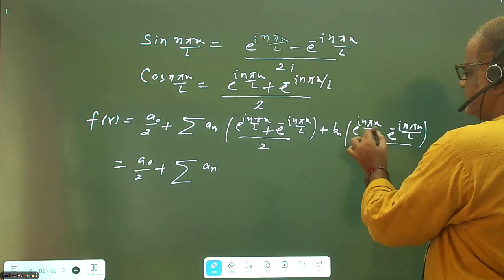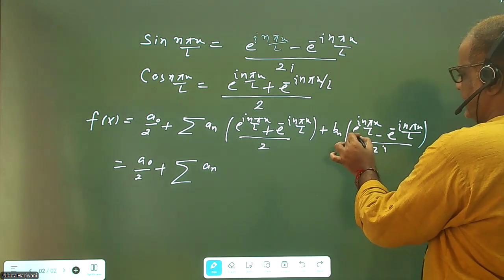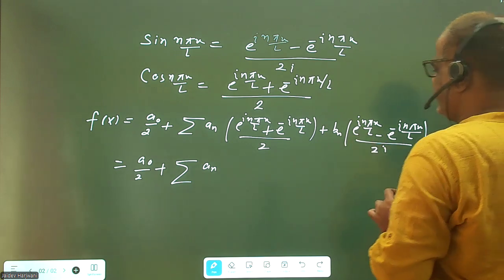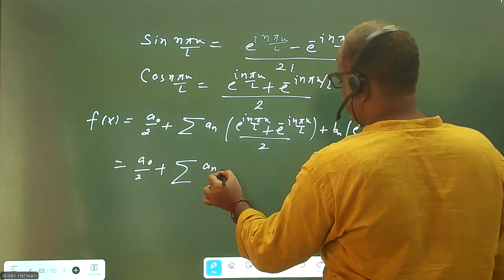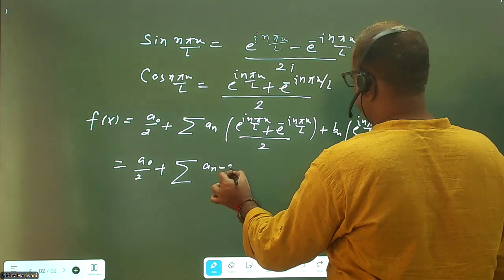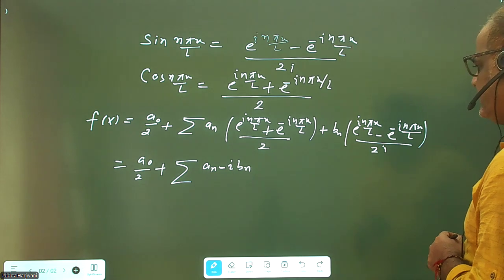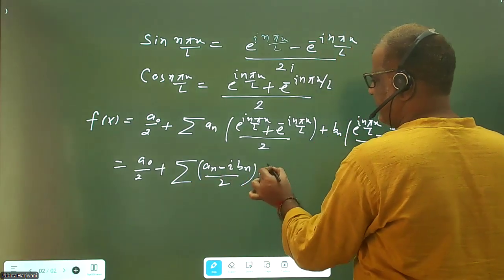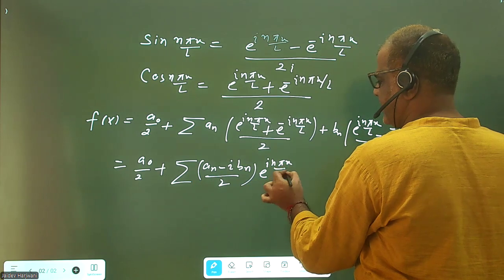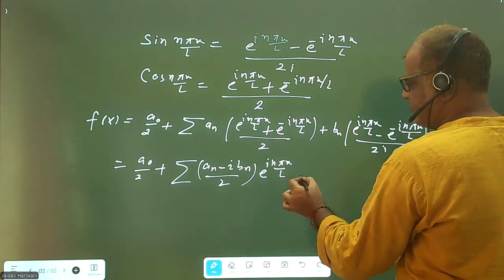If I multiply this by iota, iota squared becomes minus, so I can write an minus iota bn upon 2 times e power iota n pi x upon L. And similarly here you have a positive constant.